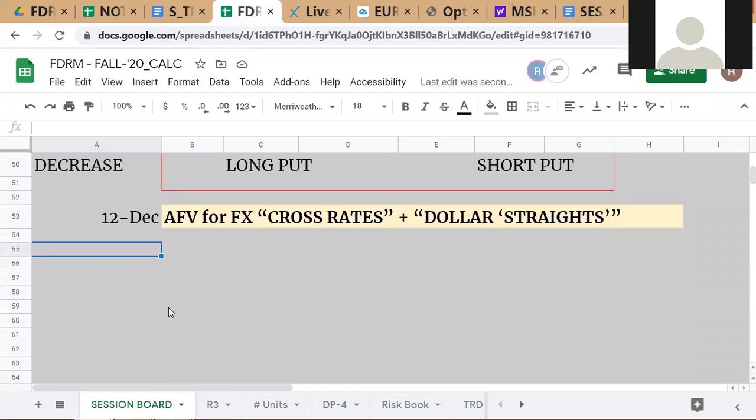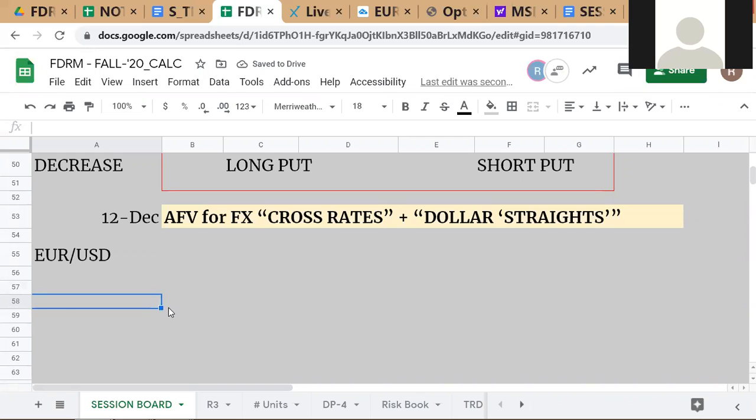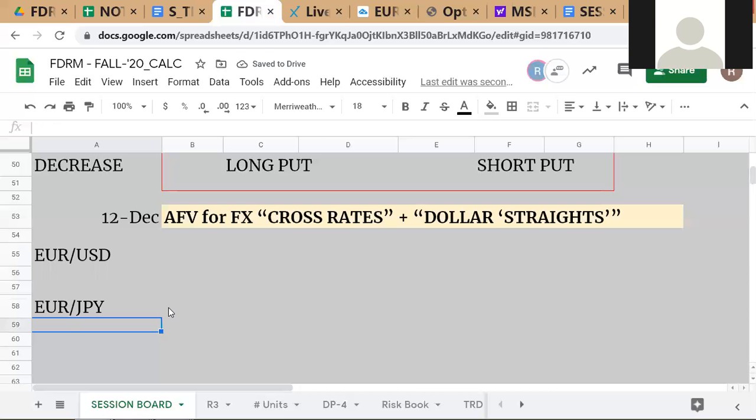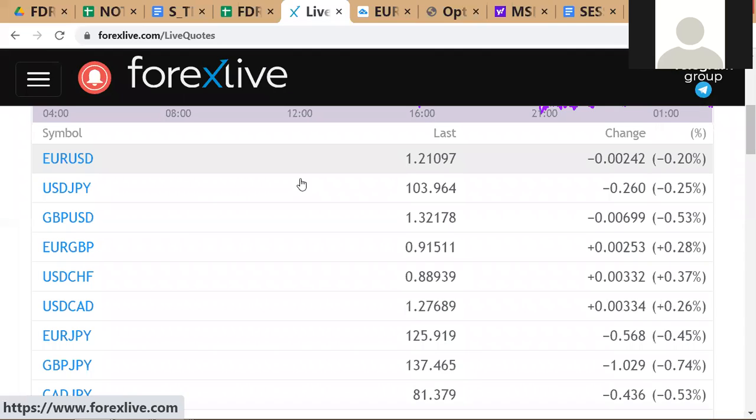Let's look at Euro USD, and let's look at Euro Yen. This chart we used was Euro Yen? Yeah, Euro Yen. Okay, so let's look at this. We can now just take some prices. So 121.10, we'll take it at 121.10.